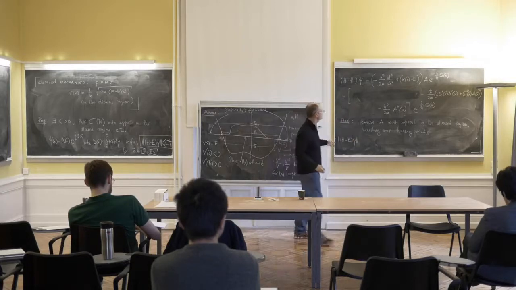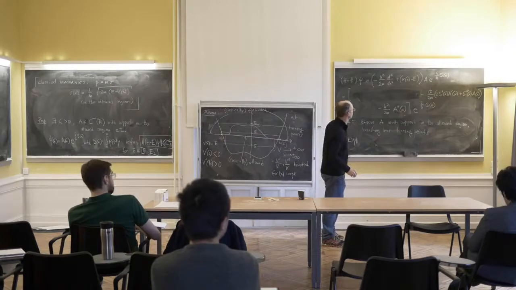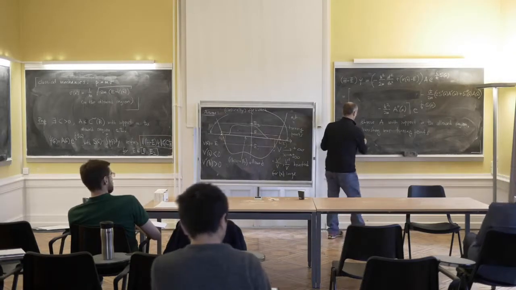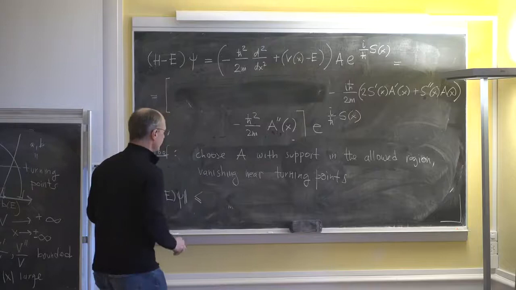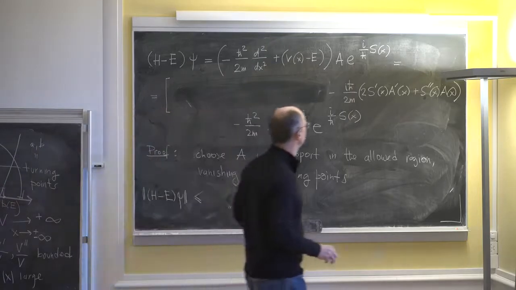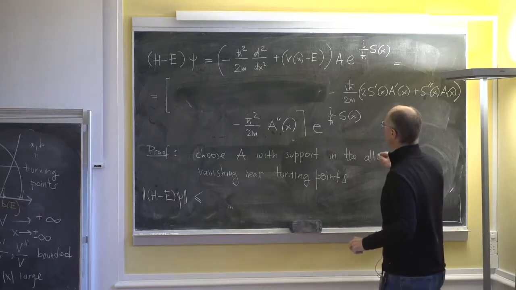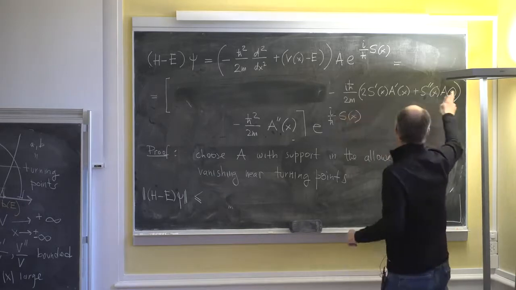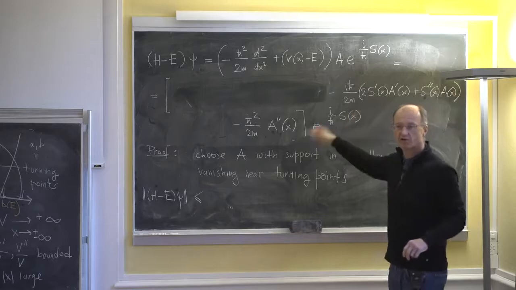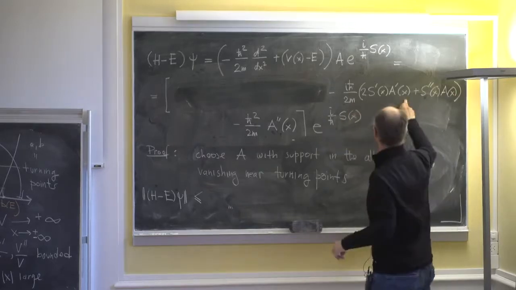Well, we're going to have a naive estimate for that L2 norm. This is bounded by the L2 norm of this guy times this. The phase will always disappear, right?